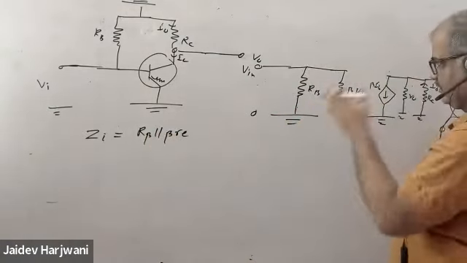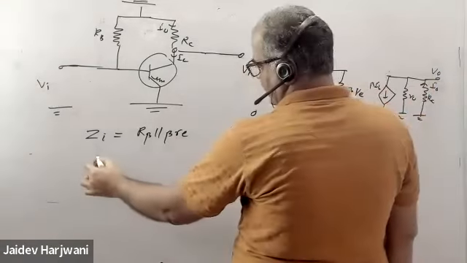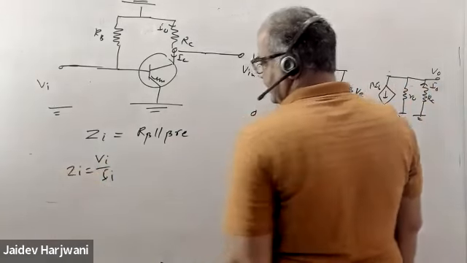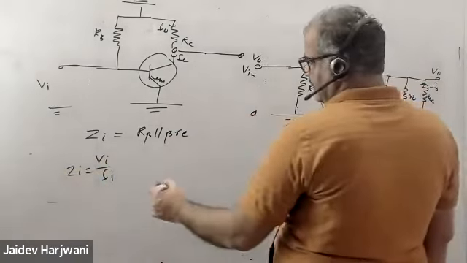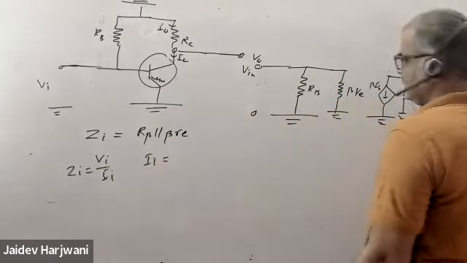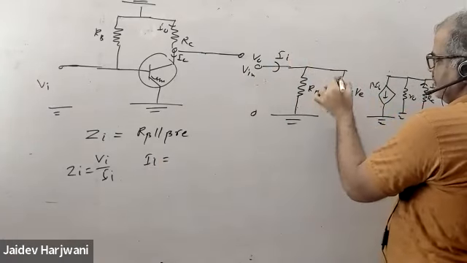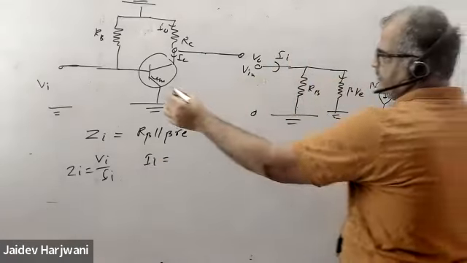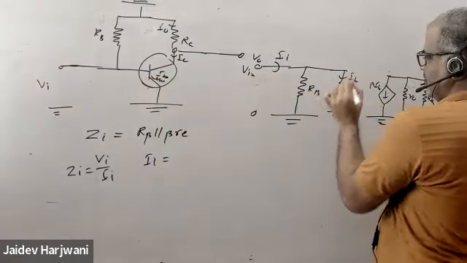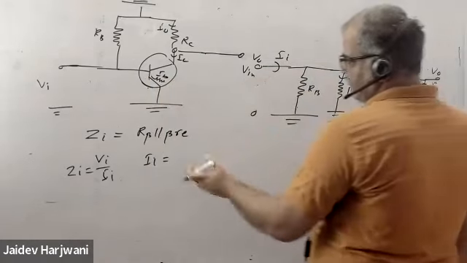Or you can directly see what the input resistance is. If you want to calculate, you can calculate it like VI upon II, ZI, like yesterday you calculated. So this is I input current. I already know the current flowing through the resistance is IB. By doing back calculation, I can find I naught.